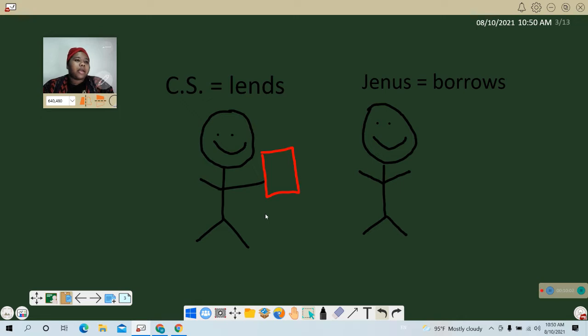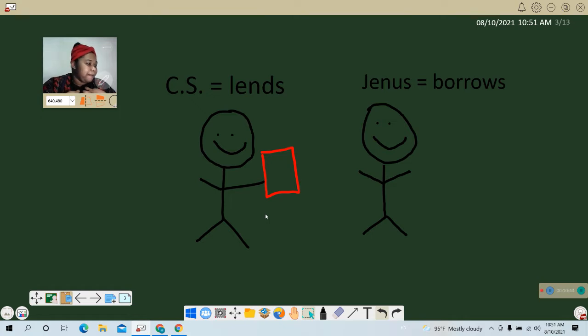Or teacher, do you have an eraser? And then I will say, why? Oh, can you borrow me an eraser? It's wrong. It should be lend. You need to ask me, teacher, can you lend me your eraser? Can you lend me your vocabulary book? Do you understand? Because it's my eraser. It's my vocabulary book.